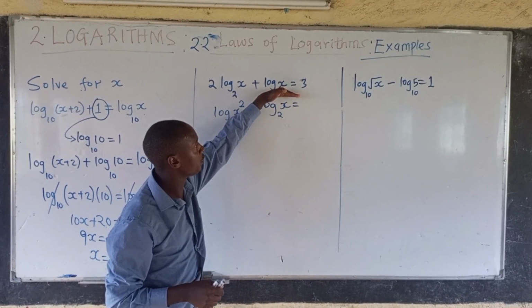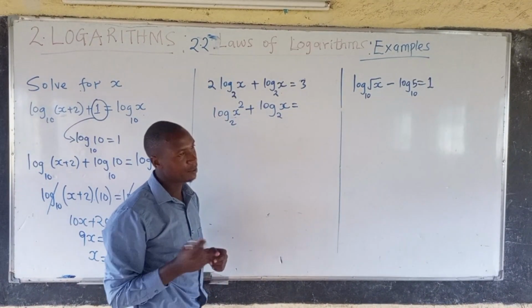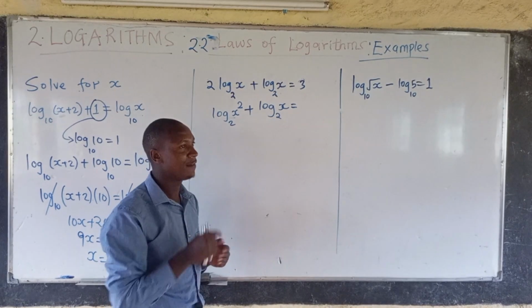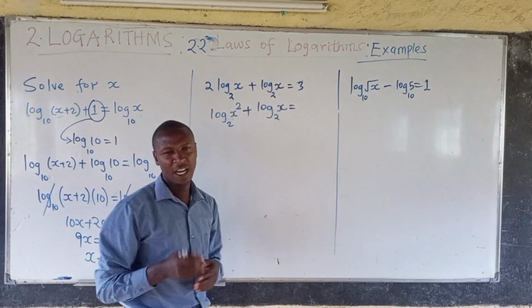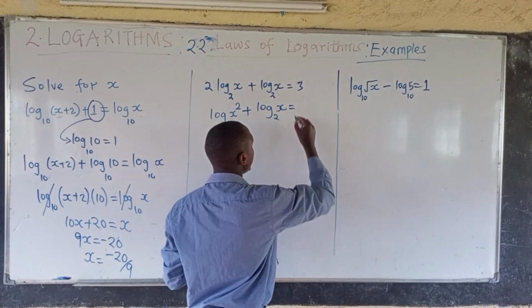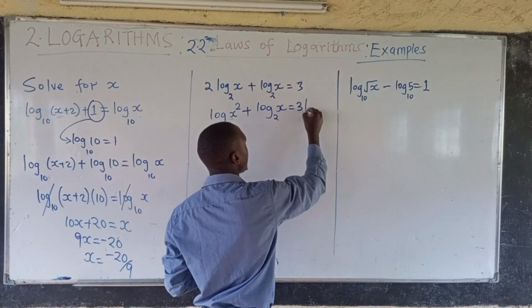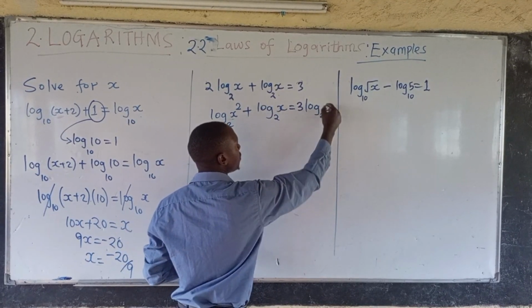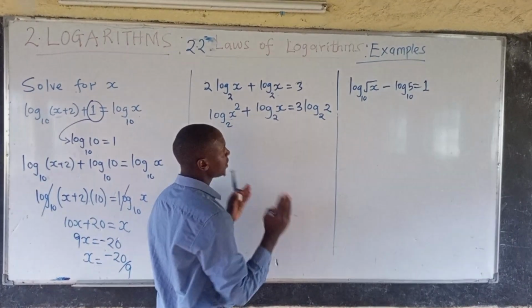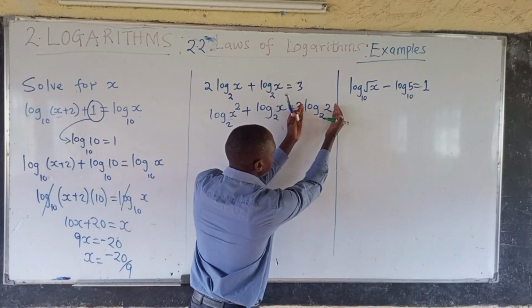now in this case, we have a 3 and we need to introduce a log. There is something we know: if we have log of a base to that base, we're going to have 1. So we're going to have 3 multiplied by log of 2 to base 2. We have not changed anything, because this is exactly 1.